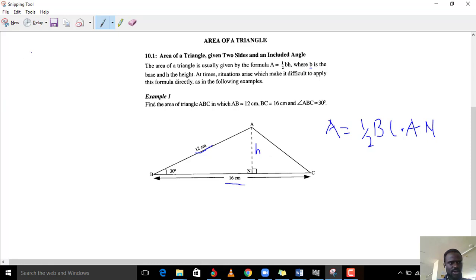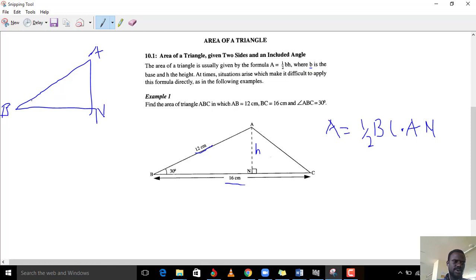In order for us to find the length of AN, let me extrapolate this triangle. That is how the triangle looks when I extrapolate it. From there, we have height AN. You'll forgive my handwriting, I'm using a mouse, and this will be B.